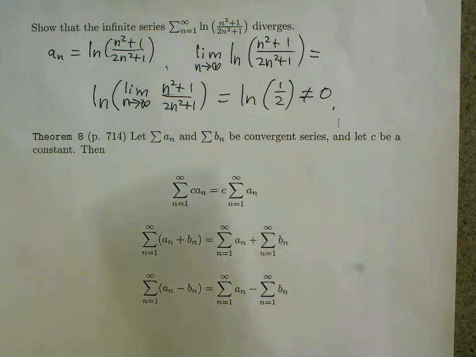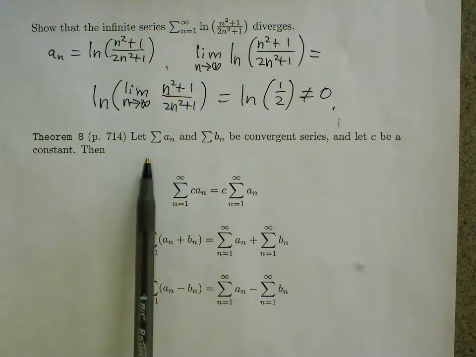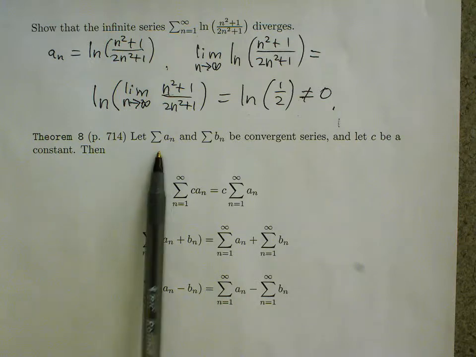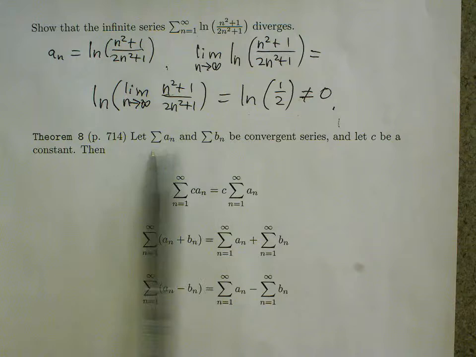So these work the way that we hope that they work. But remember that we're assuming that the individual series both converge. Okay, let's look at a bunch of examples.